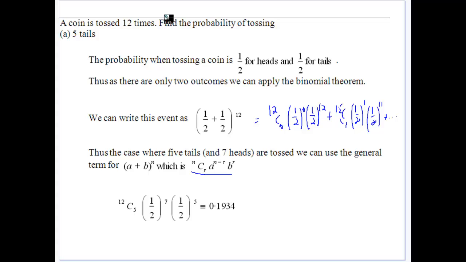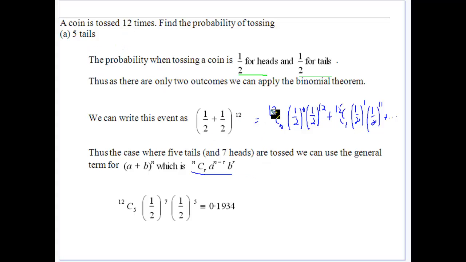Now the idea of the binomial probability is to have us look at the probability where we have a half for heads and half for tails. We know that's the probability of tossing a coin. So really, the probability of getting a head and the probability of getting a tail, if we explored it, we could write that as a binomial expression to the power of 12 because we're tossing it 12 times.